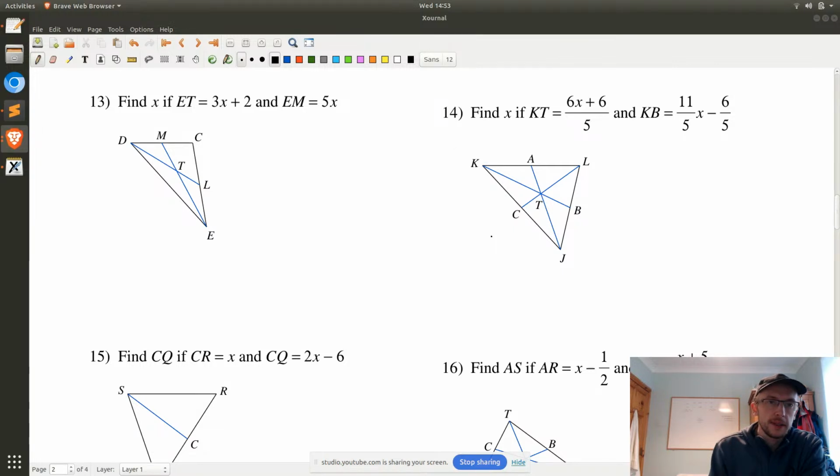Find x if ET is 3x plus 2, and EM is 5x. So 2/3 of the whole of 5x is equal to 3x plus 2.